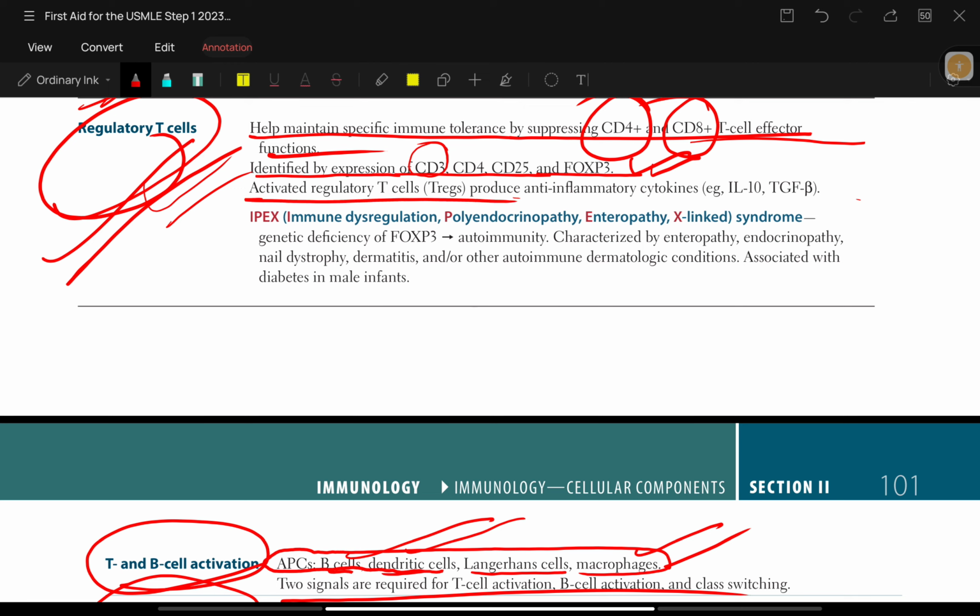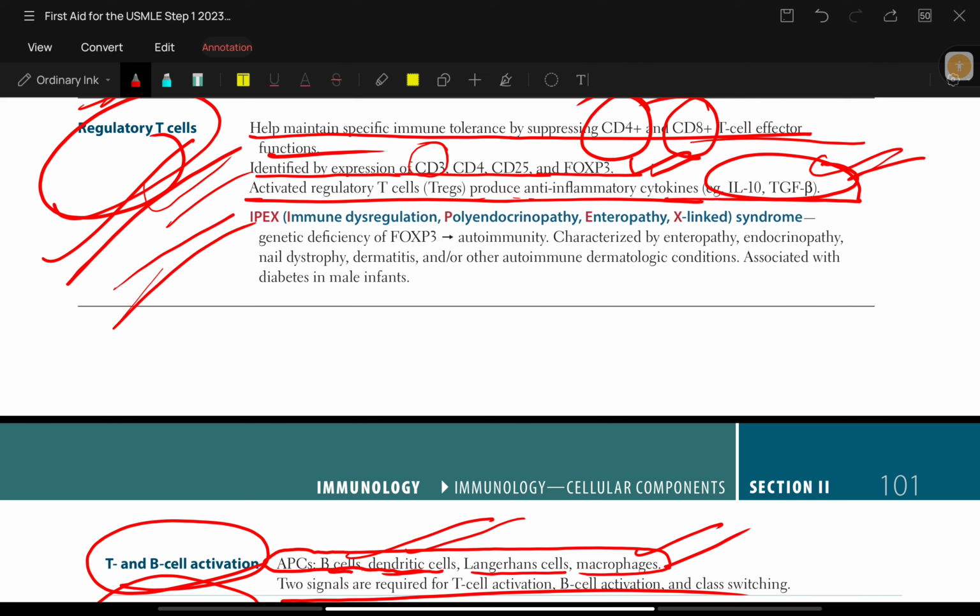Now activated regulatory T cells produce anti-inflammatory cytokines, that is interferon, interleukin 10 and TGF beta.